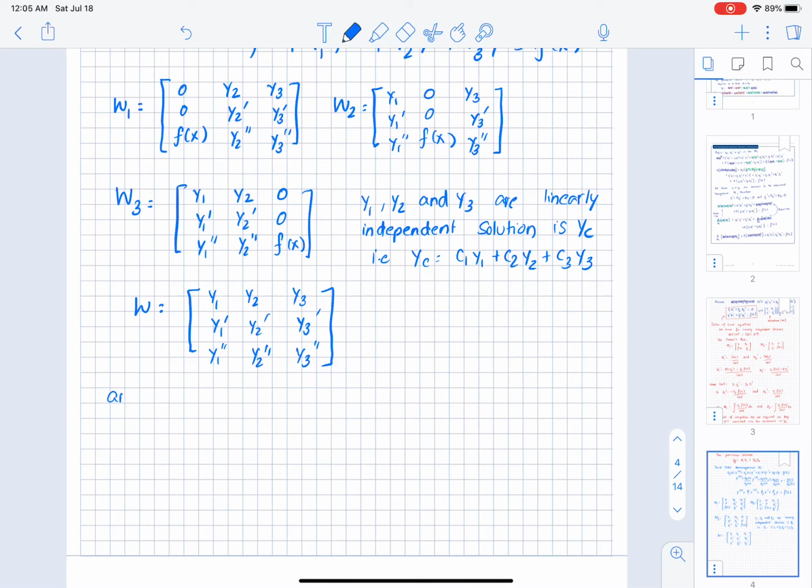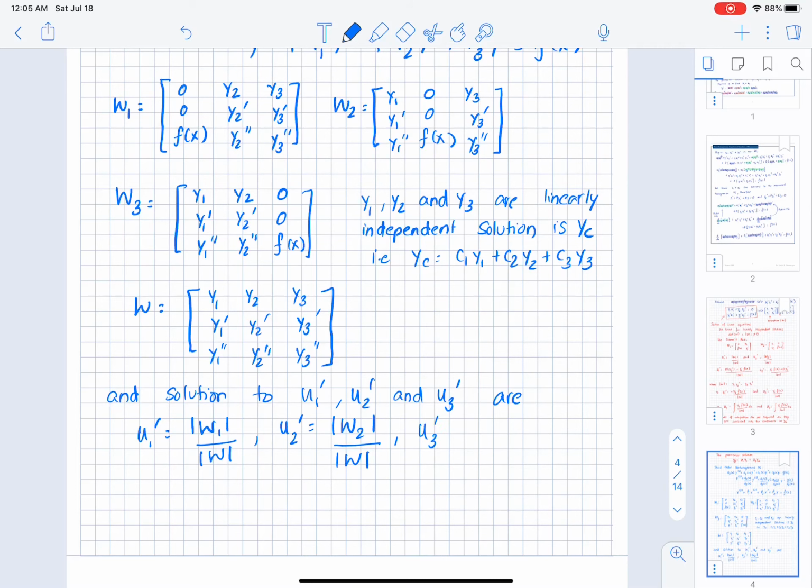And the solutions for u1 prime, u2 prime, and u3 prime are: u1 prime is the determinant of W1 divided by the determinant of the Wronskian, u2 prime is the determinant of W2 divided by the determinant of the Wronskian, and u3 prime is the determinant of W3 divided by the determinant of the Wronskian.